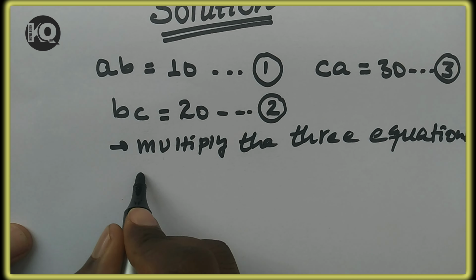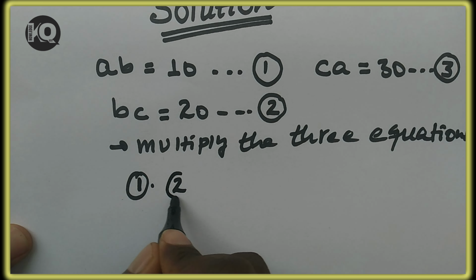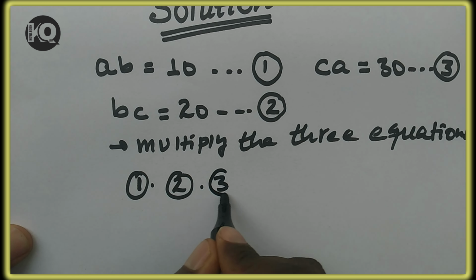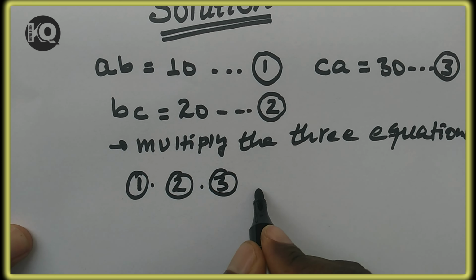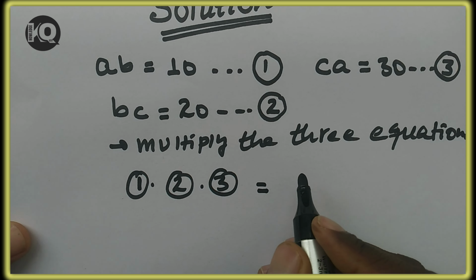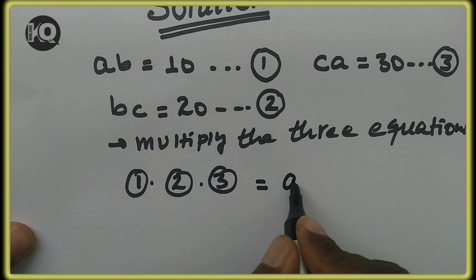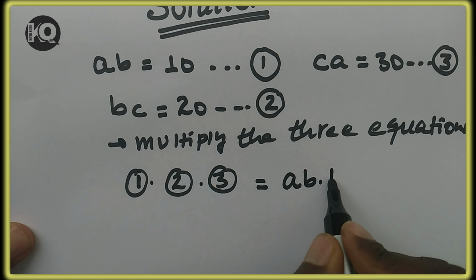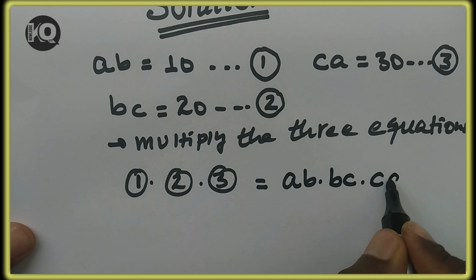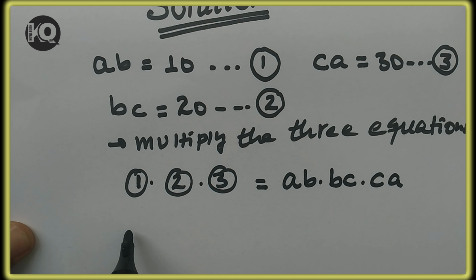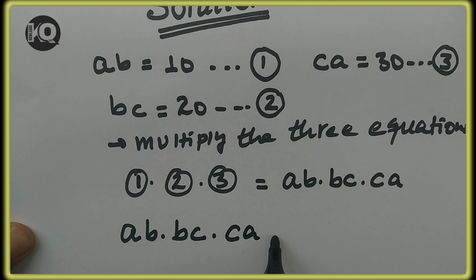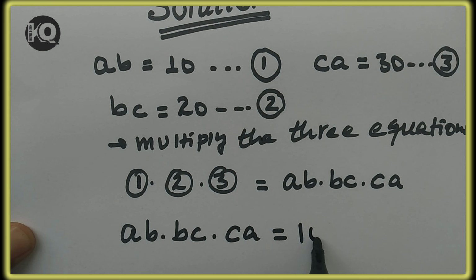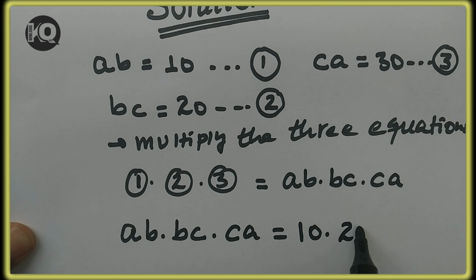So equation 1 times 2 times 3 is equal to AB times BC times CA, which is equal to 10 times 20 times 30.